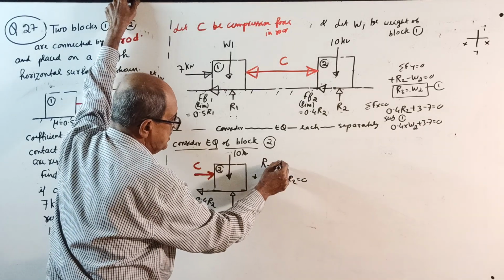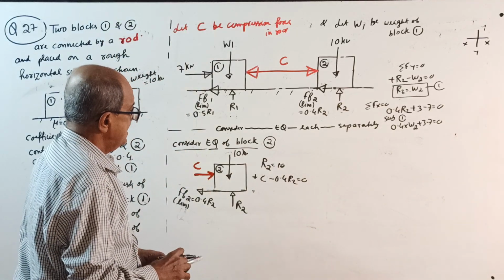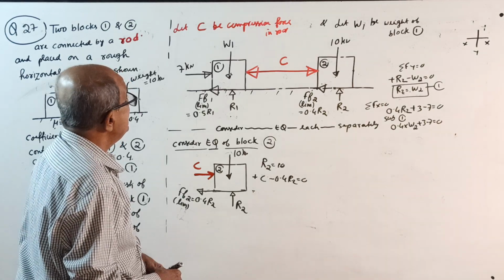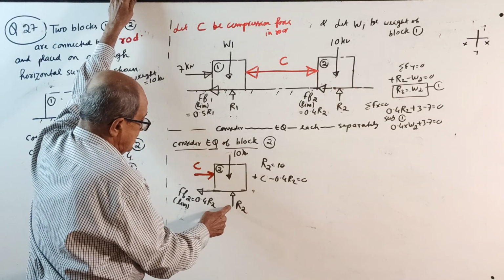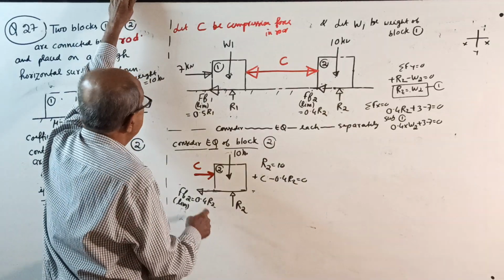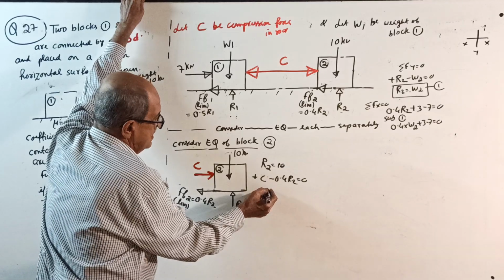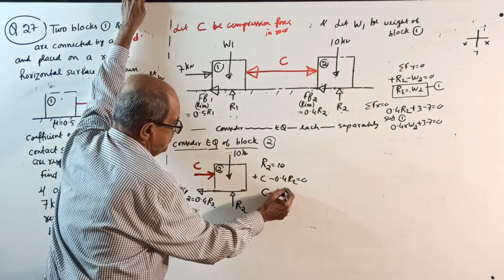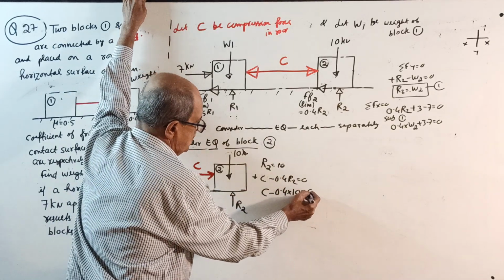Substitute R2 equal to 10 kilonewton. 10 into 0.4, how much? R2 is 10. Something wrong there. Just a minute. 10 into 0.4 is 4. When you calculate C, you will get compression C. What happens now? C minus 0.4 into R2, 10, equal to 0.